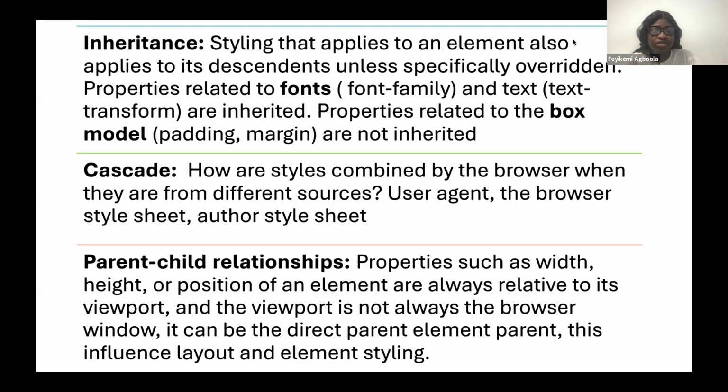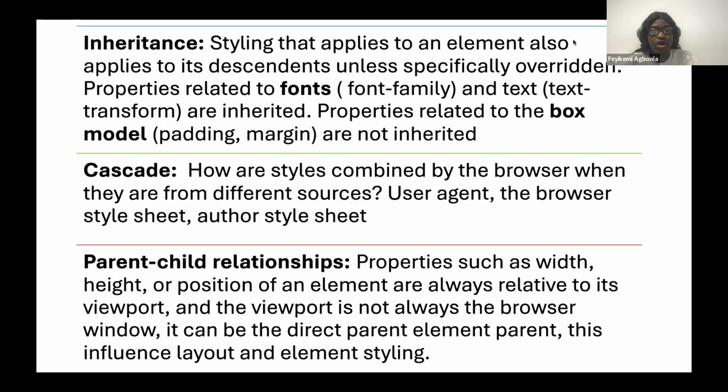The user also gets to have some styles. For instance, your user can actually change the font size of their device. There are some settings that allow users to apply some styling to your website. So these are user styles. Then we have some default styling from the browsers.